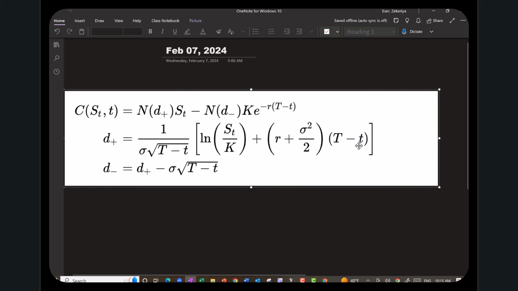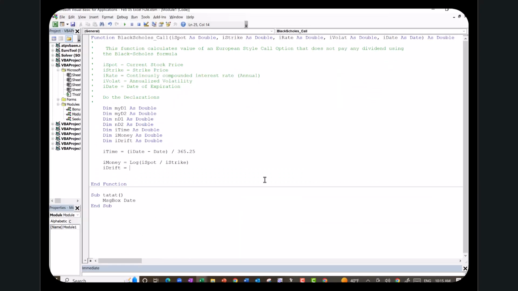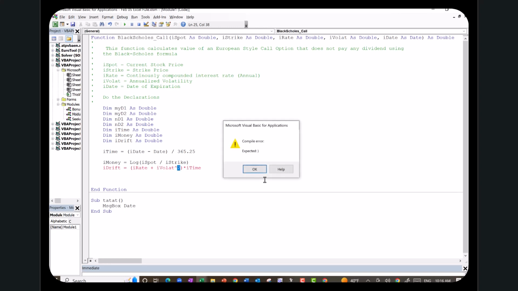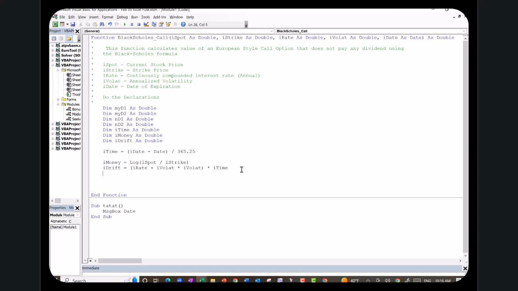That's roughly R plus sigma squared over 2, which is roughly how much you expect the stock to go over time per year. iRate plus iVolat squared times, where are you? iTime. Plus, I'm going to multiply it with itself again. So I have those two pieces.